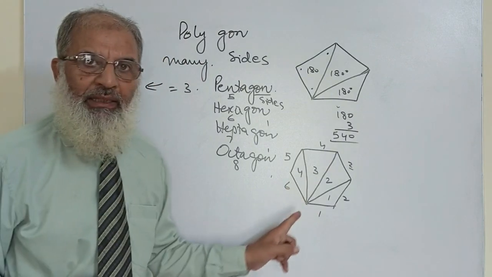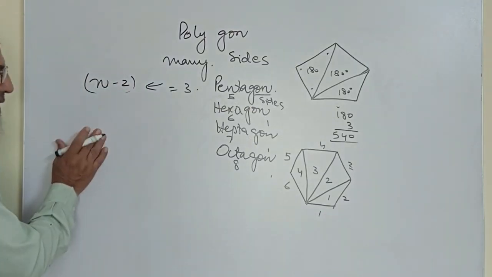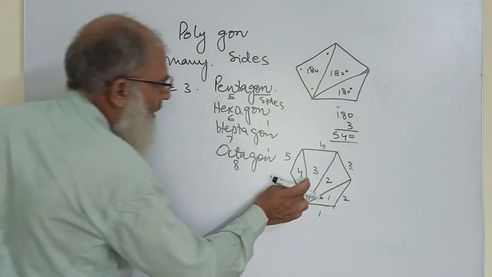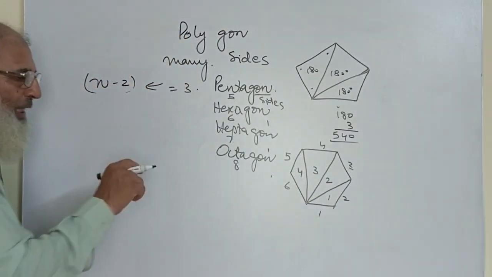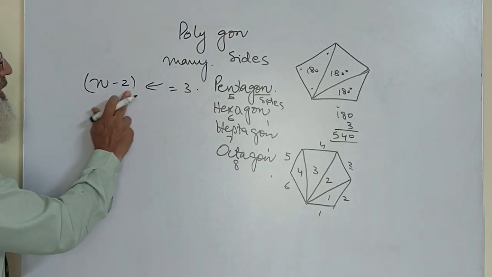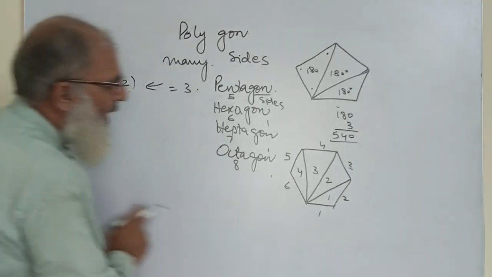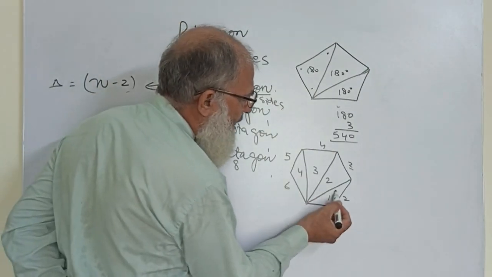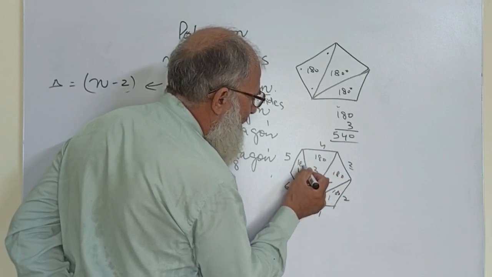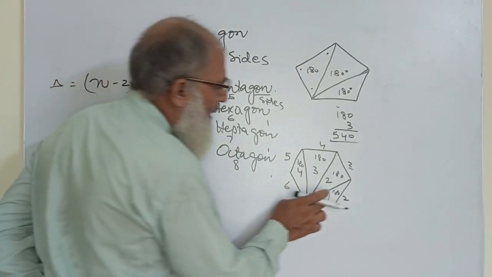Now you see the triangles are two less than the sides. That means there is a general formula that the triangles will be two less than the sides. If n are the sides, then the triangles will be n minus 2. And now for each triangle, we'll say that it is 180 degrees, because the interior angle of a triangle is 180 degrees.